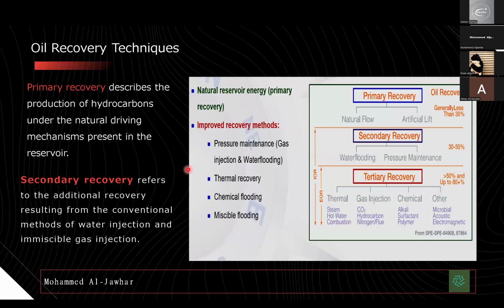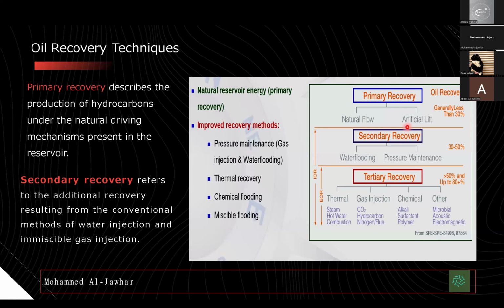Then we can move to the next part, oil recovery techniques. What do we have in terms of primary recovery, such as natural flow or artificial lift? Is it used? Is it important to have any artificial lift, because some wells lose their power of producing, so we should do artificial lift.